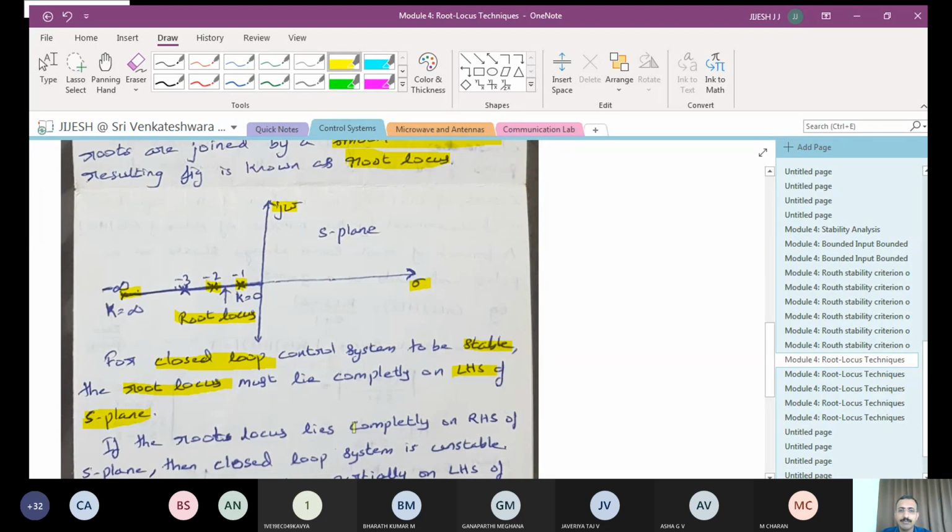And if the root locus completely lies on the RHS of the S-plane, then the closed loop system is unstable.